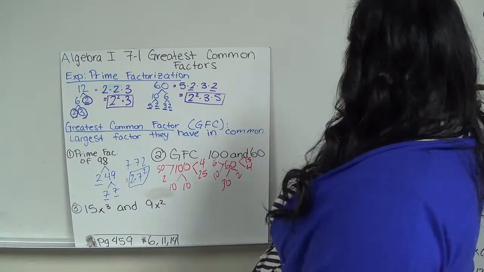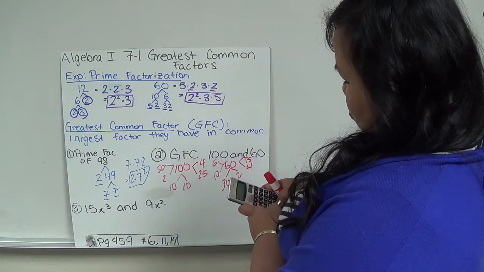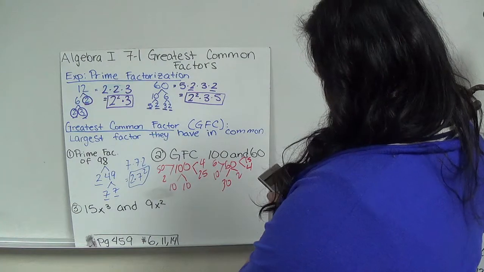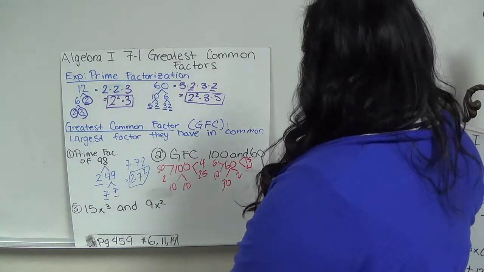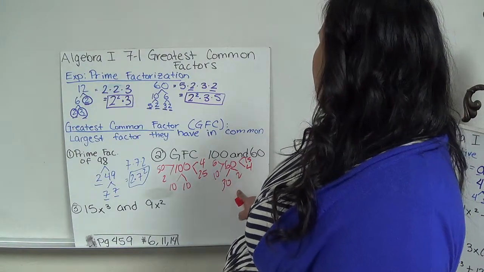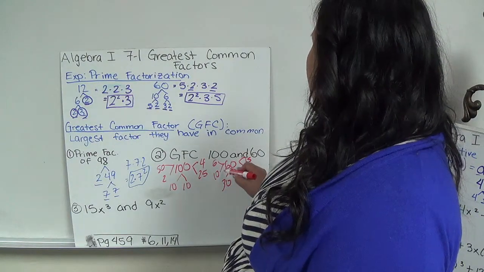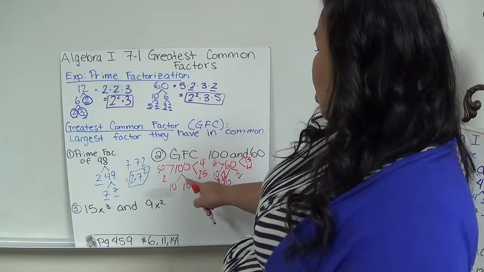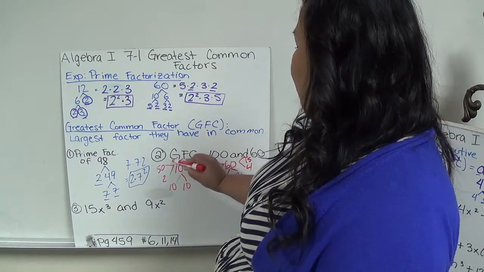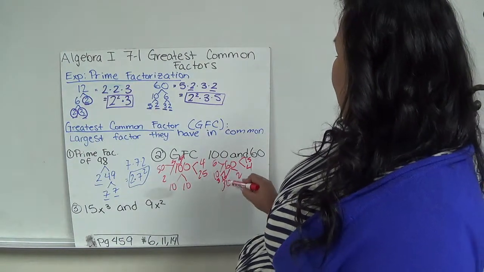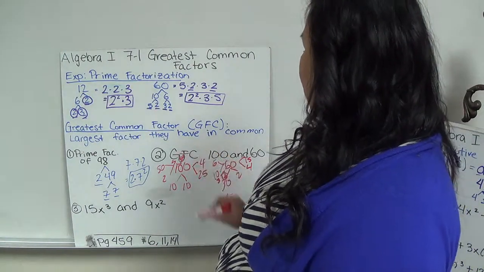Can 100 be divided by 15? I don't think so. No, I should have known that. I can also do 3 times 20. And I know that 100 is 5 times 20. So it seems here that the biggest number they both have in common is 20.